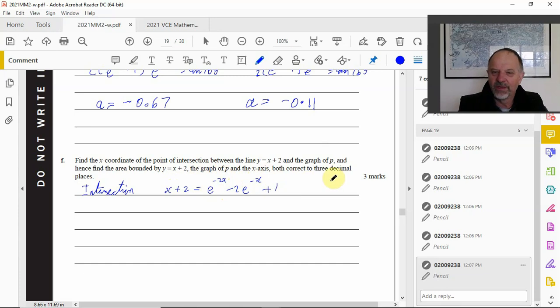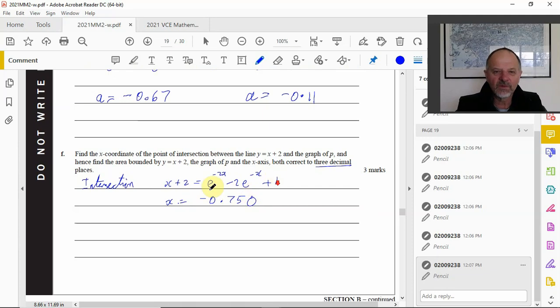We need to use our calculator and solve that. And so our calculator says that occurs when x is equal to negative 0.750 to 3 decimal places. So make sure you round it off correctly.